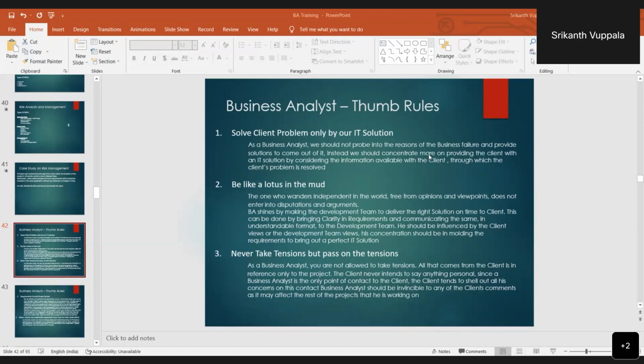Such as if the client says this requirement is not working properly, or there is a bug in that particular feature, those kinds of issues we have to take care of, and we have to fix them using our IT team, our development team.